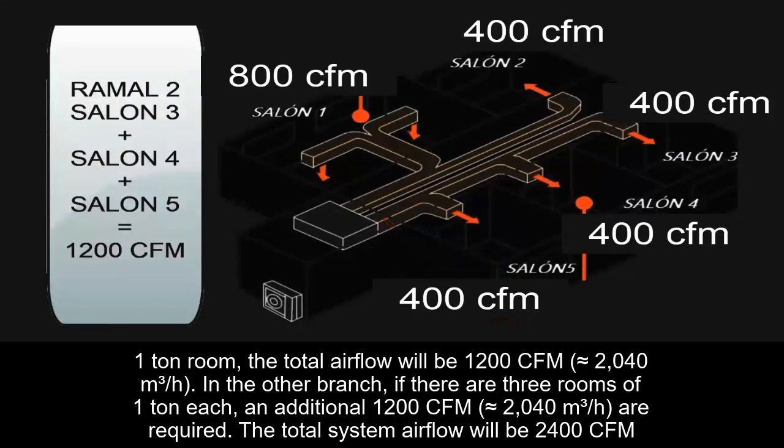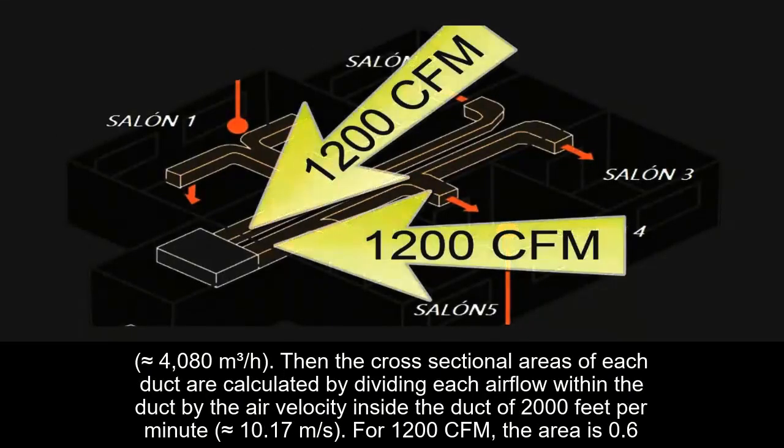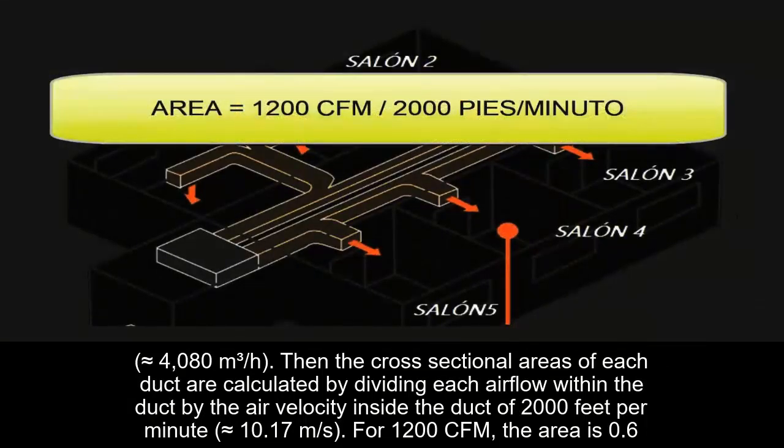In the other branch, if there are 3 rooms of 1 ton each, an additional 1,200 CFM, nearly 2,040 cubic meters per hour, are required. The total system airflow will be 2,400 CFM, nearly 4,080 cubic meters per hour.